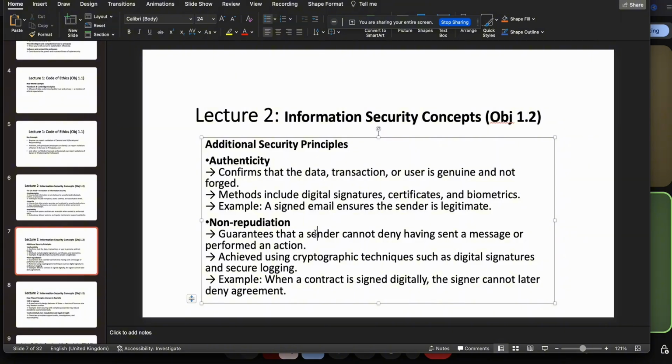And the best example: if you log in to your company's application, all your login activity will be stored somewhere, right? You cannot deny that you have not logged into that application. That is non-repudiation.